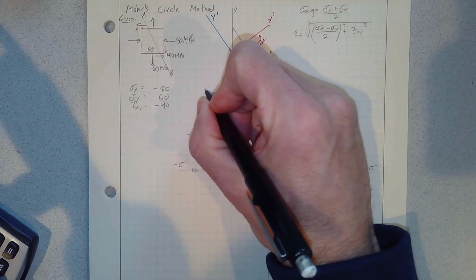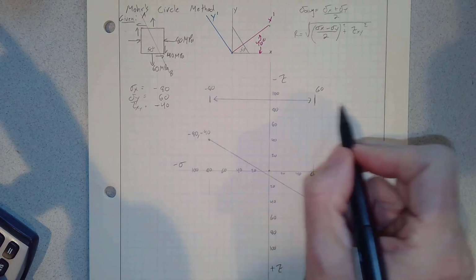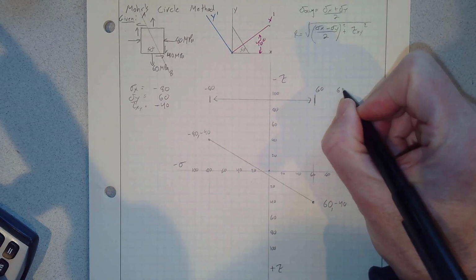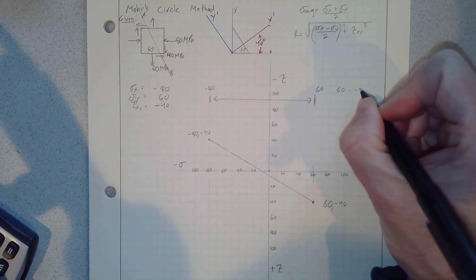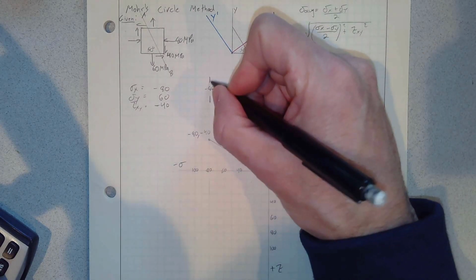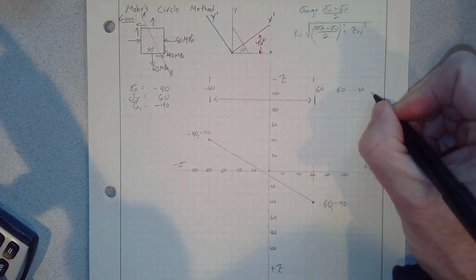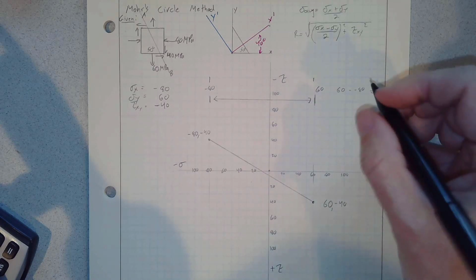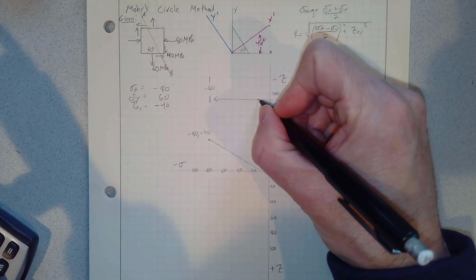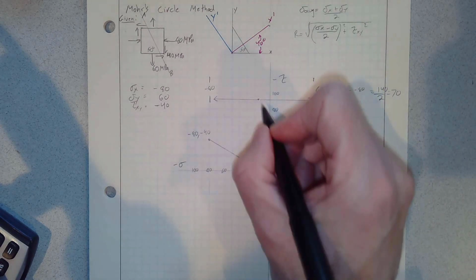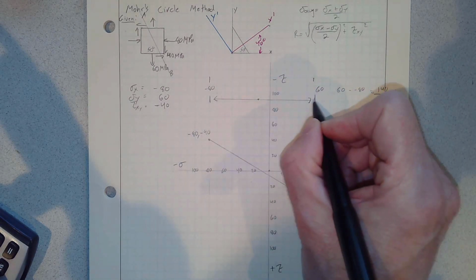This one's negative 80. So the distance between those would be 60 minus negative 80. That'd be 140. So from here to here is 140. And then divide that by 2, right, to get half of it, to find how far it is to the middle, equals 70. So the distance from either end here is 70.